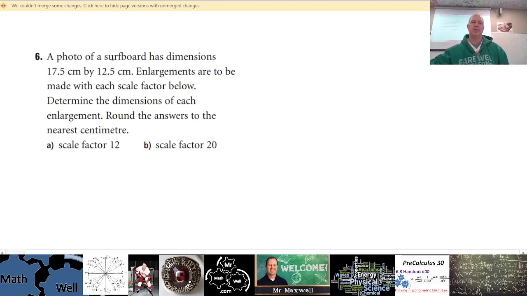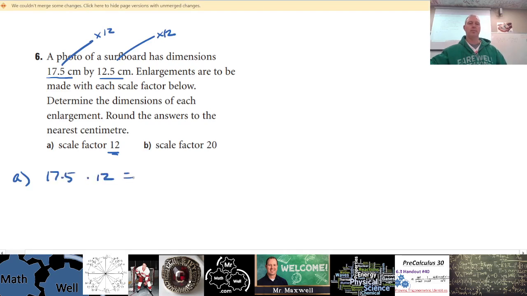So number 6, very similar to the other photo one we did. We have an original photo that's 17.5 centimeters by 12.5. Enlargements are to be made, so basically find out the dimensions of the new enlargement. So if a scale factor is 12, that means we multiply each of these by 12. It's as simple as that. So for A, 17.5 times 12, and 12.5 times 12.